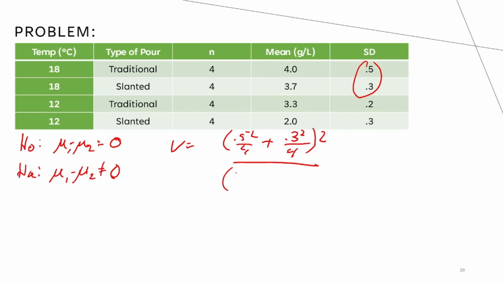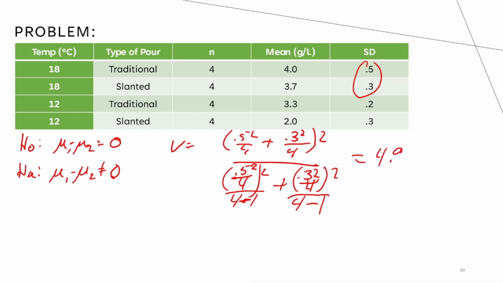And that's pretty much what we're working with in the bottom, just the terms are different. Over 4 minus 1, plus all that squared, over 4 minus 1. There you go. That's semi-legible. Then we get roughly 4.9 for that, and we have to round this down, so we get 4 for that value.